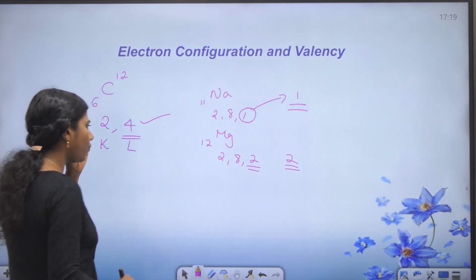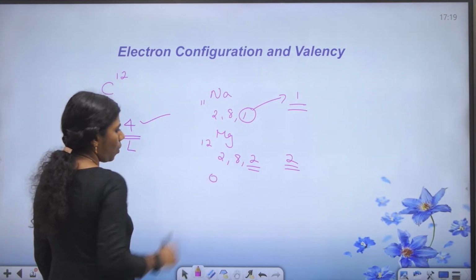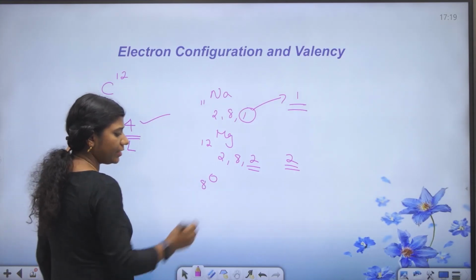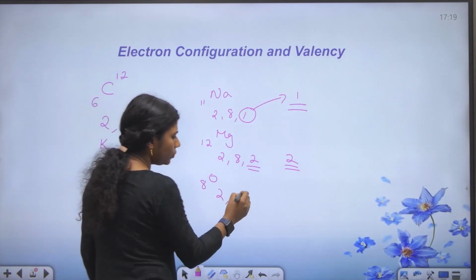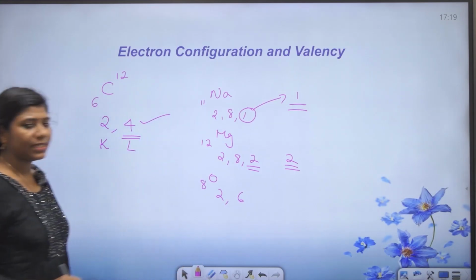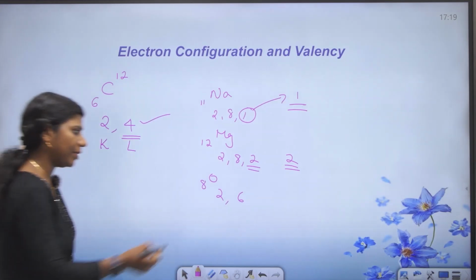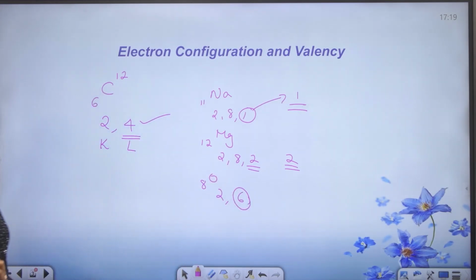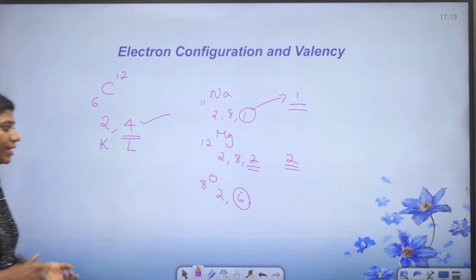In the case of oxygen, atomic number is 8, electronic configuration is 2, 6. Number of valence electrons present in the oxygen atom is 6. And the valency of oxygen atom is not 6, it's 2.